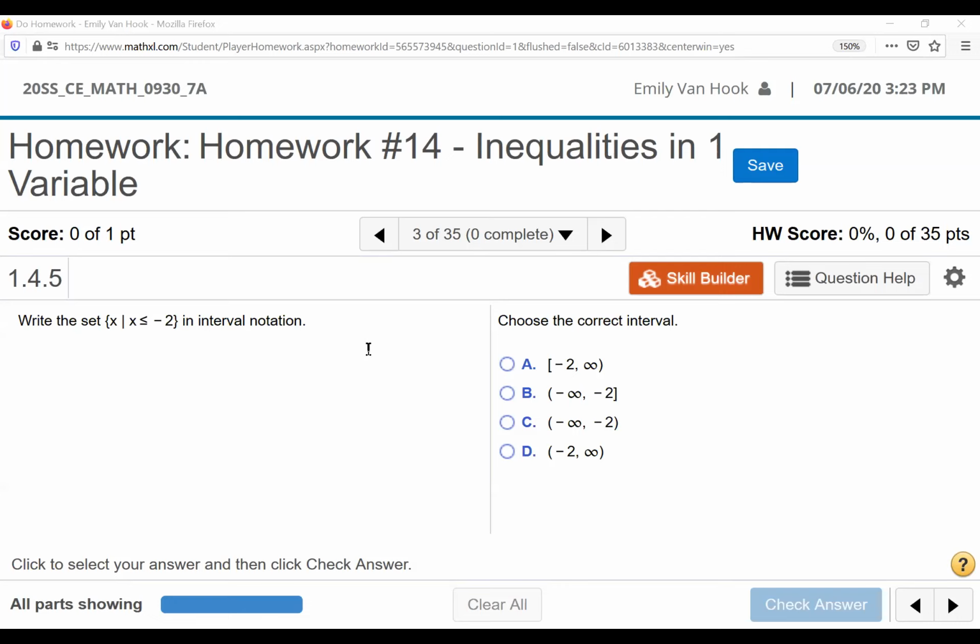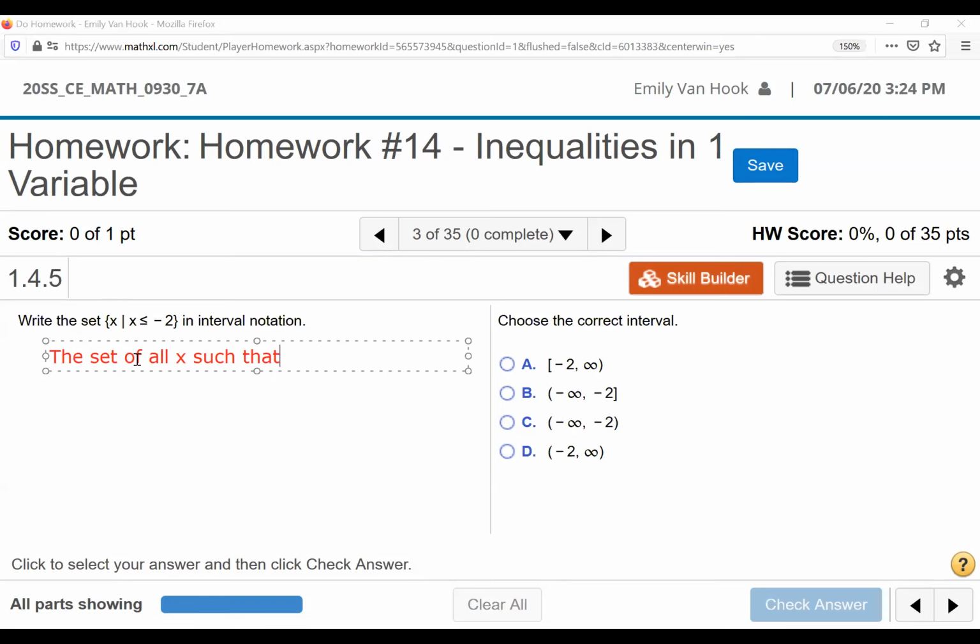A set is kind of just a group. So when you see these squiggly brackets and then an x, it's the set of all x such that, and the such that is what that vertical line means.